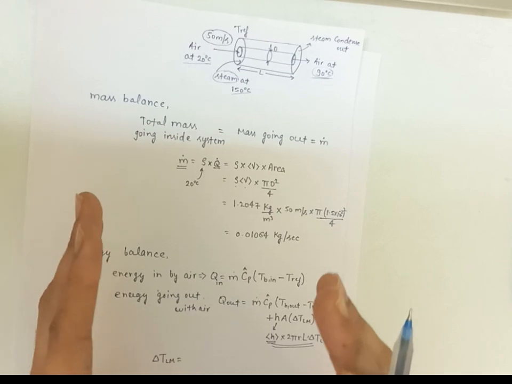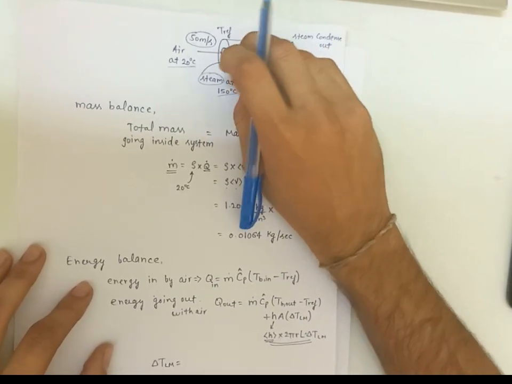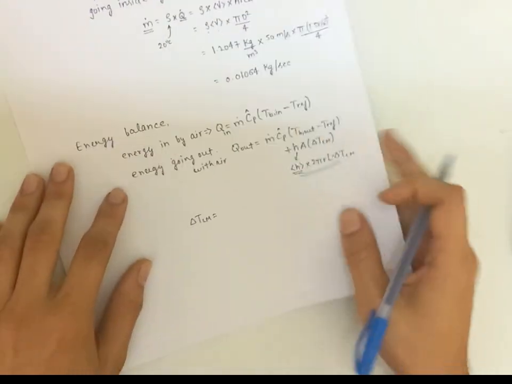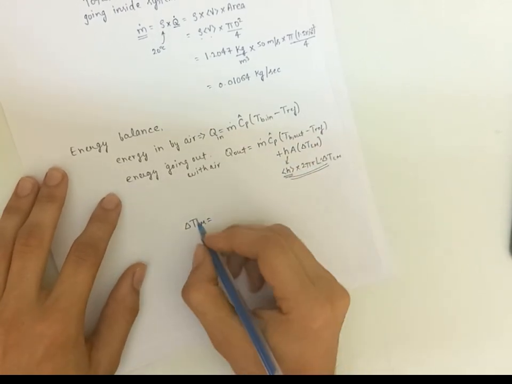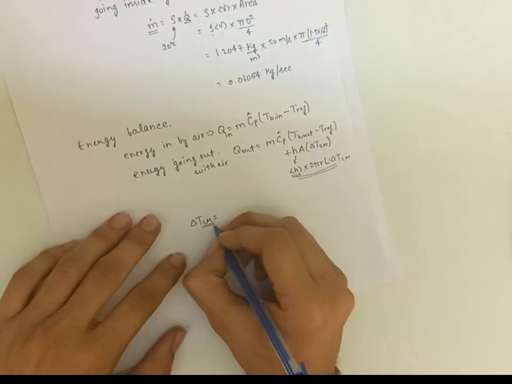So we will not have a definite value between the steam temperature and the air temperature. This delta T should not be constant, so it will have a logarithmic mean value, an average value. In cylindrical cases we take the logarithmic mean.